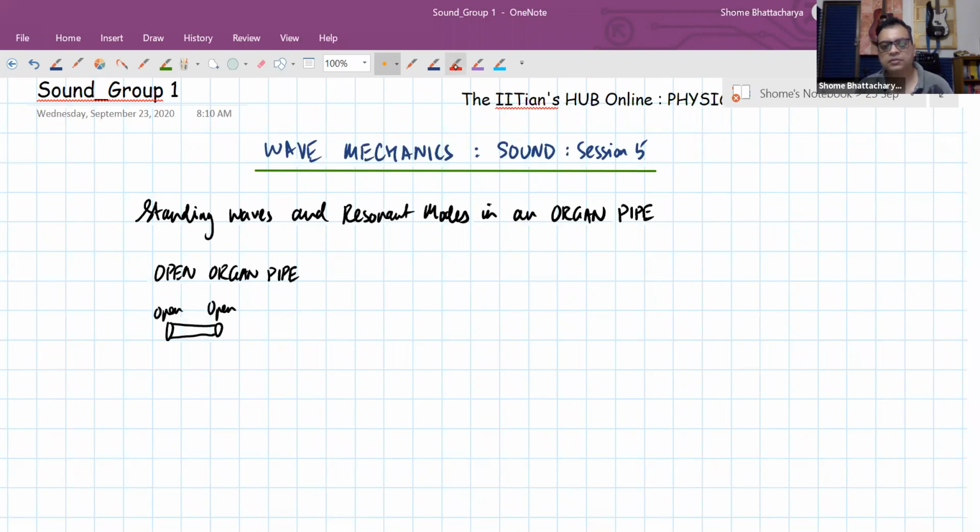So both ends become pressure nodes, and therefore we have the equation of the fundamental frequency as 1 by 2L square root of gamma RT by M, the frequency of nth overtone as n plus 1 harmonic.